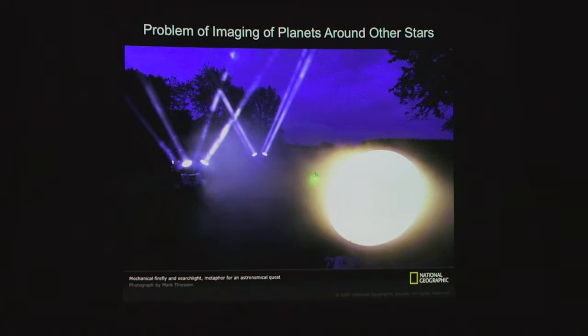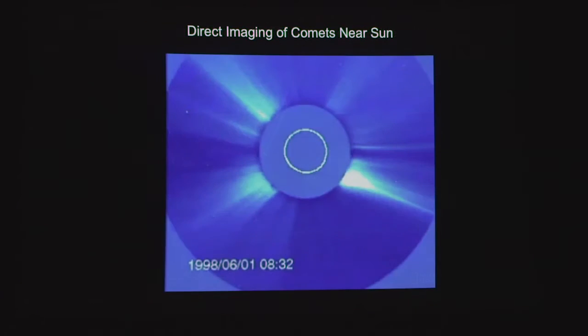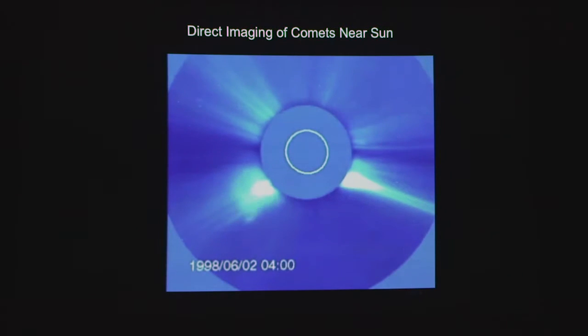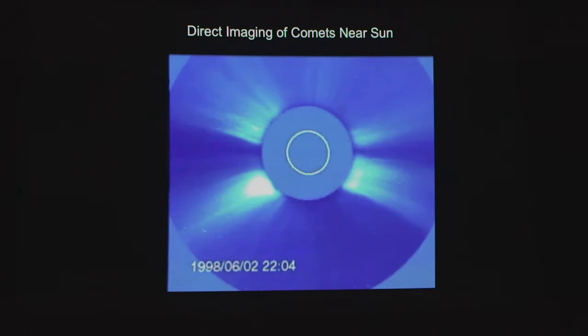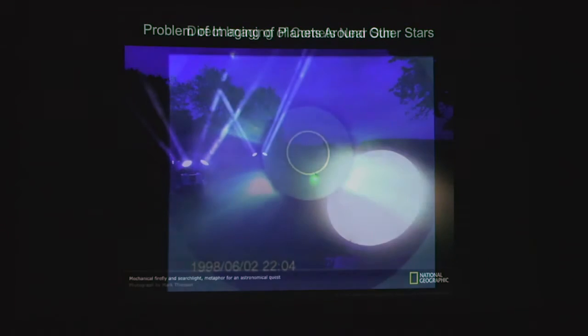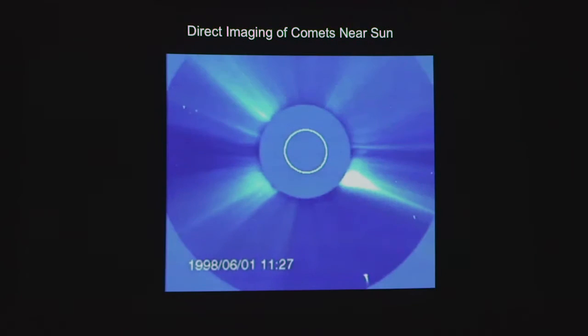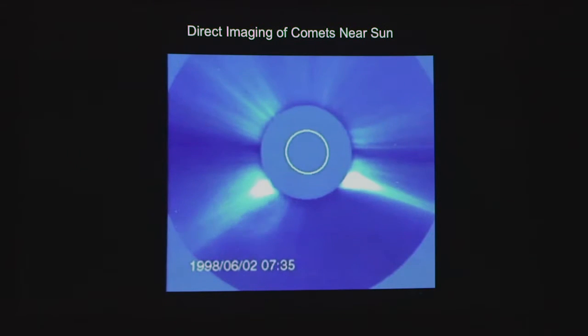Now there are workarounds. So here is an animation from the SOHO spacecraft, which looks at our sun. The sun is a very bright star, but it has an instrument called a coronagraph, and that's this thing here, which blocks out the light from the sun. So we can run this animation again. And what you see are a couple of comets. Those are those objects there.